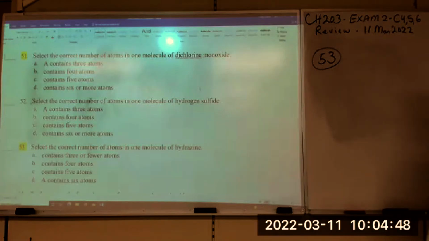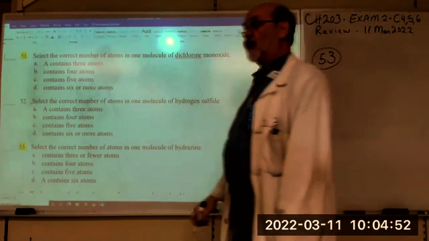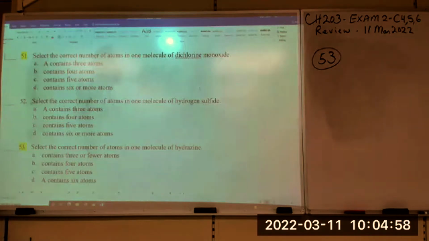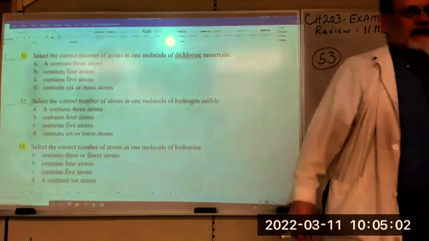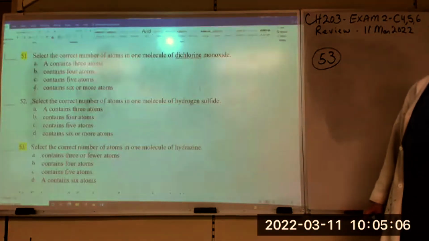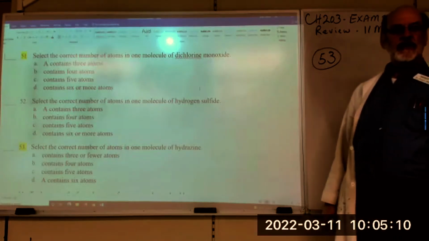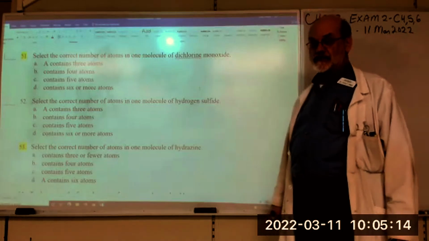Select the correct number of atoms in one molecule of hydrazine. Ooh, hydrazine. What is hydrazine? We didn't talk about that in class, did we? Hydrazine is, well, let's see. It's not used too much anymore in rockets, but it was for a while. It's extremely hazardous.